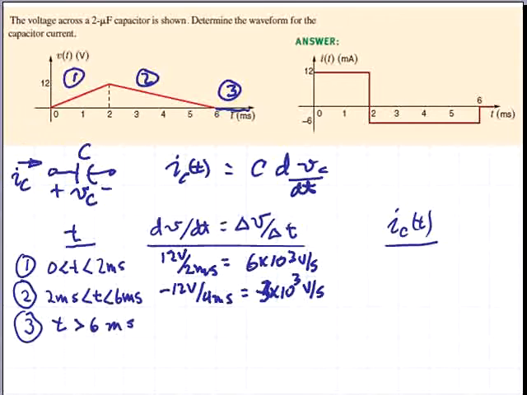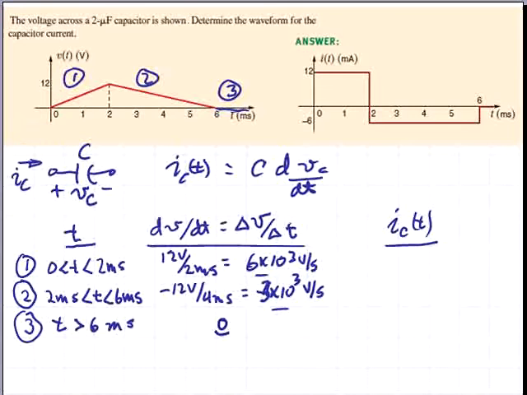And over the third period, for t greater than 6 milliseconds, the indicated slope is a horizontal line with a slope of 0.